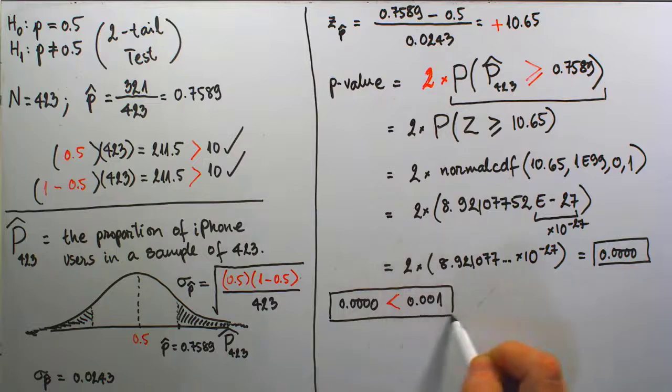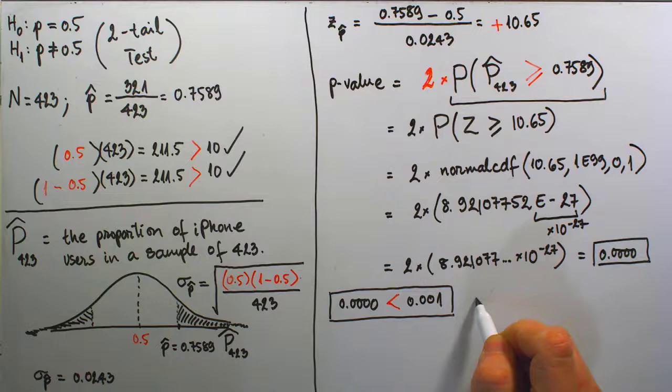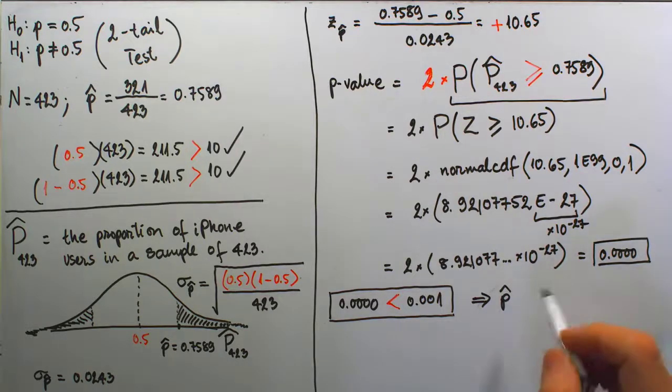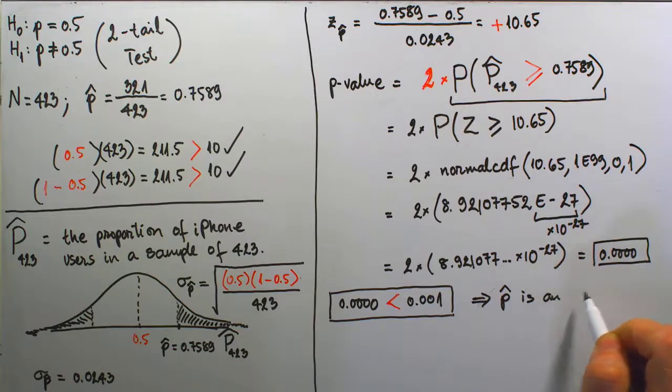And so with this comparison result right here, it's now telling us clearly that the p-hat, the sample we're using now, is an unlikely sample.